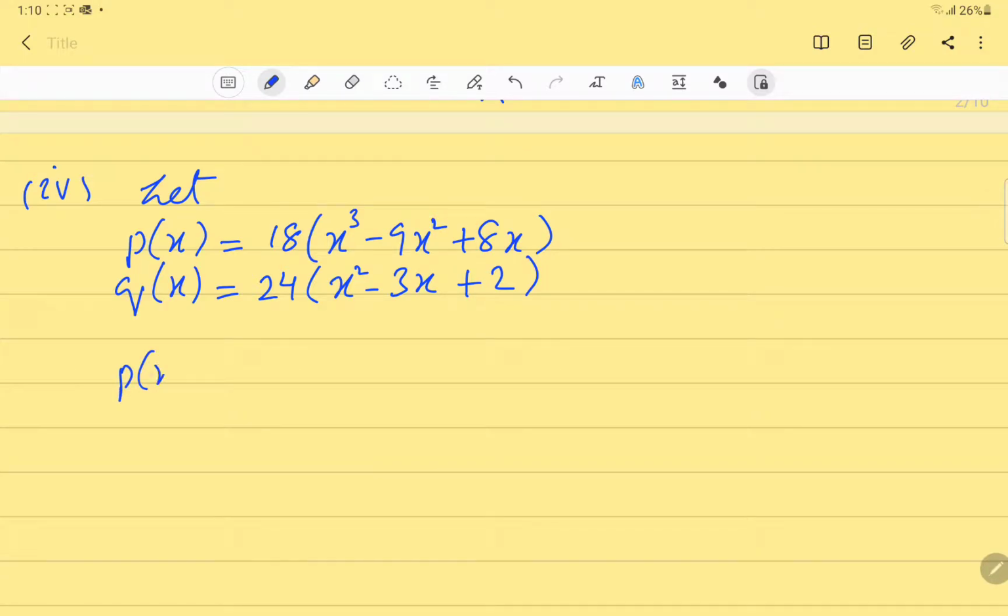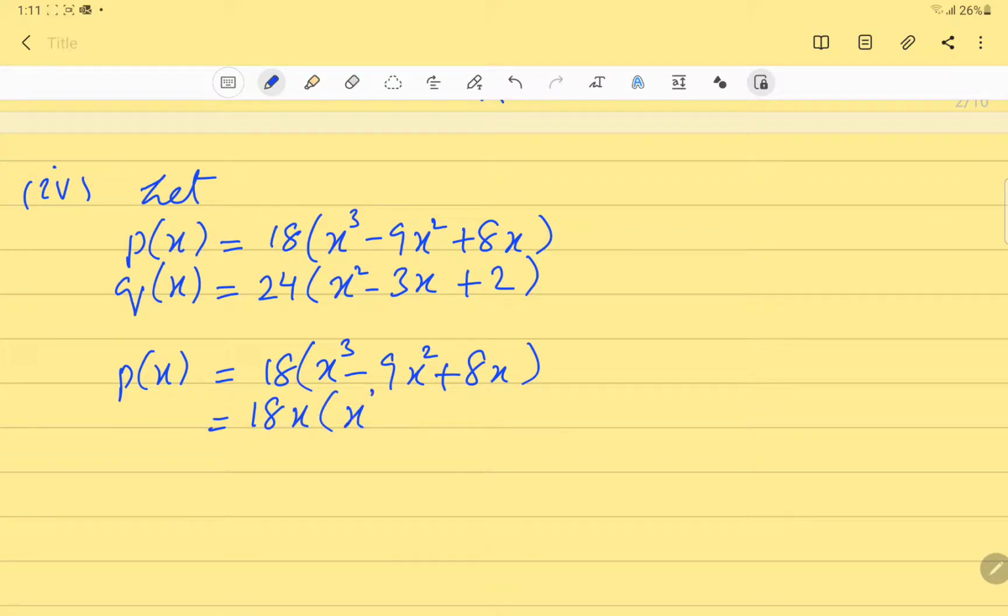The first one is px is equal to 18 into x cubed minus 9x squared plus 8x. We can see that x is common in all the three terms which are in the bracket, so we will take out x and we are left with x squared minus 9x plus 8.